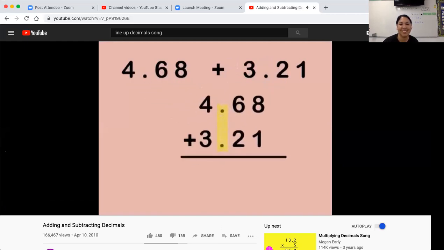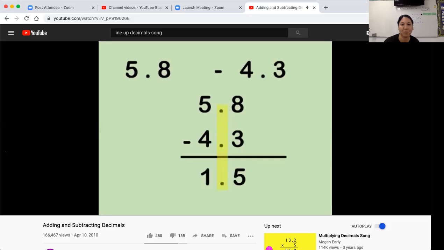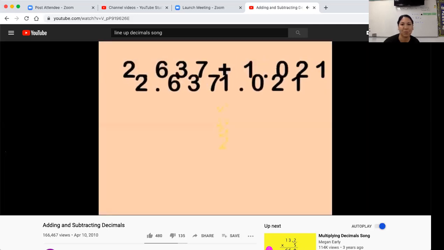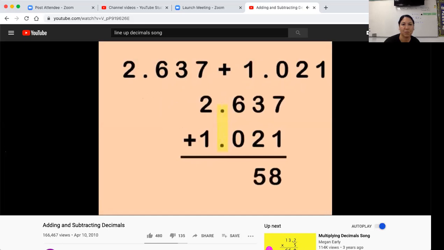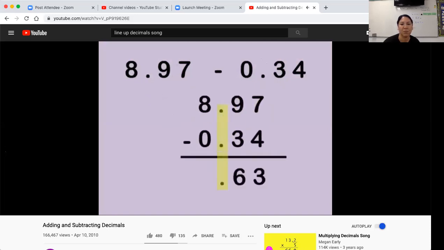Line up the decimals when you are adding or subtracting. You will discover when one is beneath the other, the answer you get should be correct. So line up the decimals when you add or subtract.